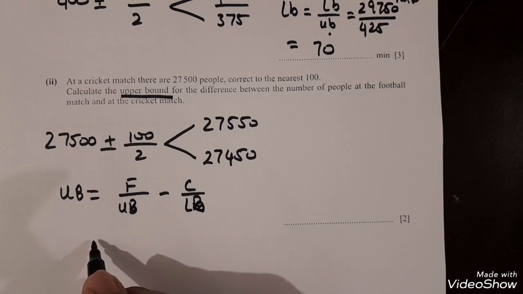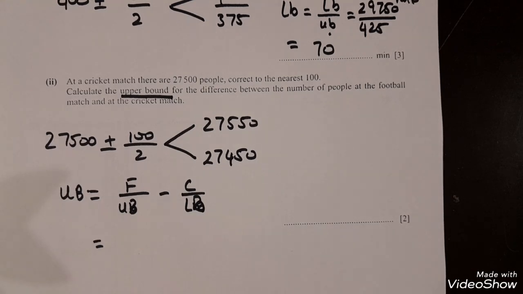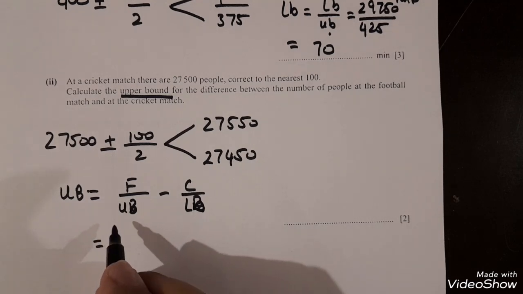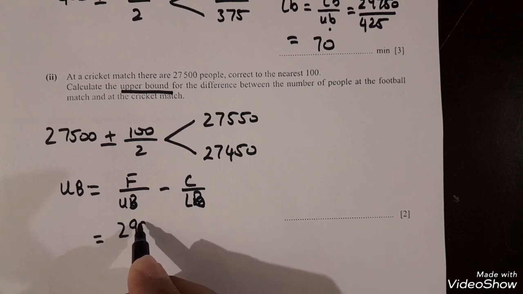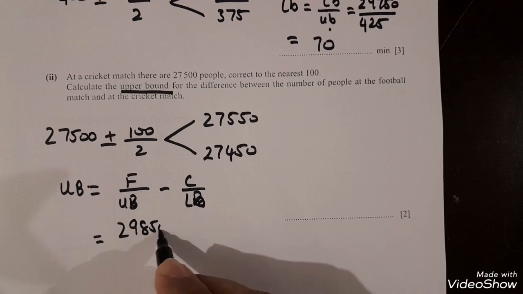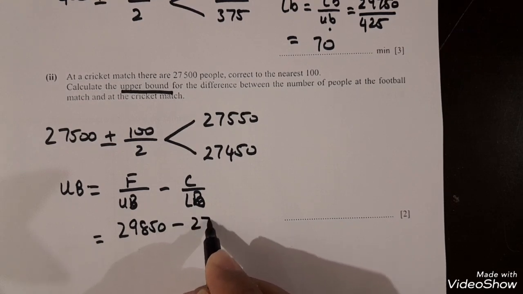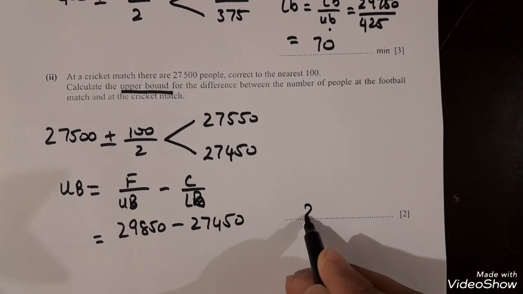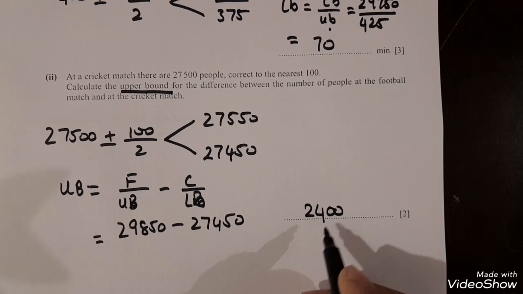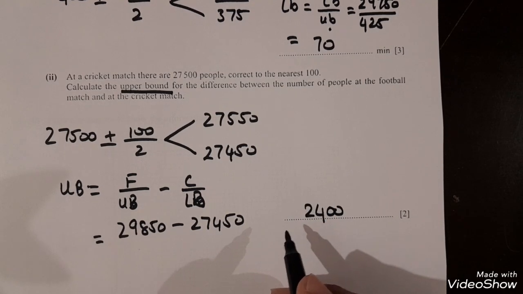So at a football match the upper bound will be 29,850, and at the cricket it is 27,450. So the difference is 2,400. So this will be the answer for part 2.